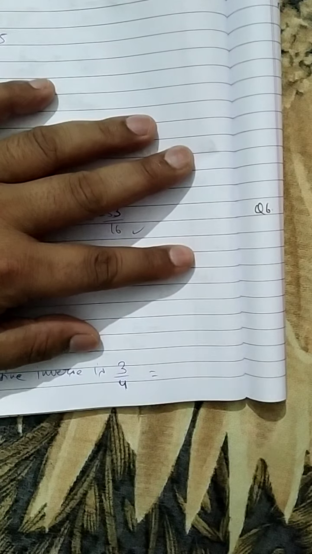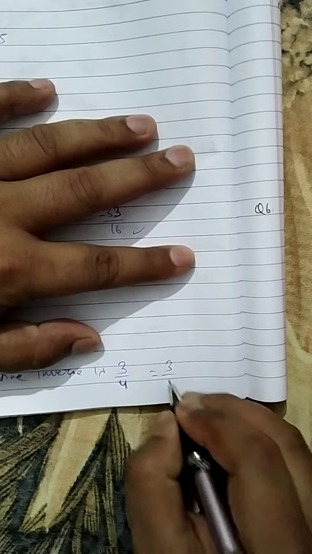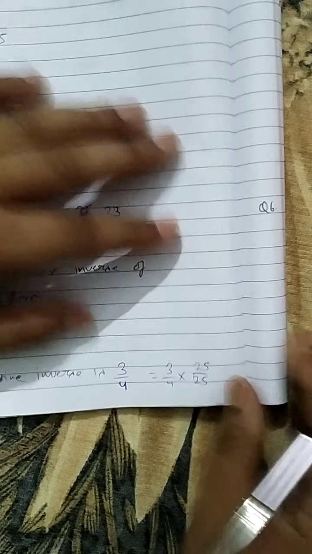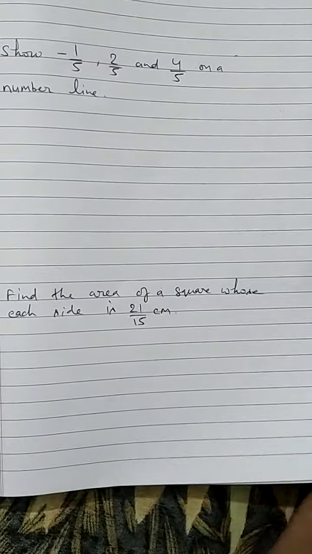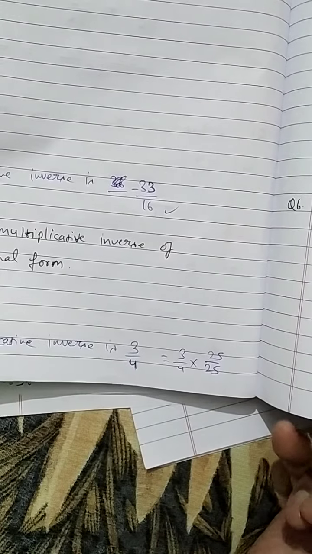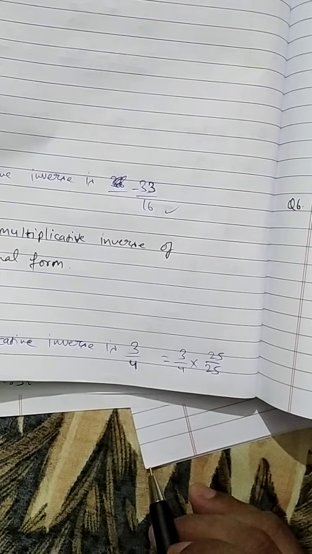So for doing it in decimal form, we can simply multiply it with 25. So 25 times 3 is 75 and 25 times 4 is 100.